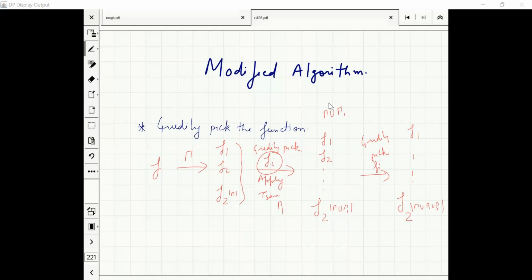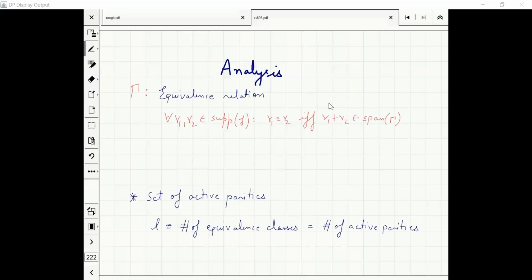But if the function we are applying the lemma on has very small sparsity, say just 2, then our advantage is minimal. We want to apply Sang's lemma on a function which has a lot of sparsity. So that is the main important point.